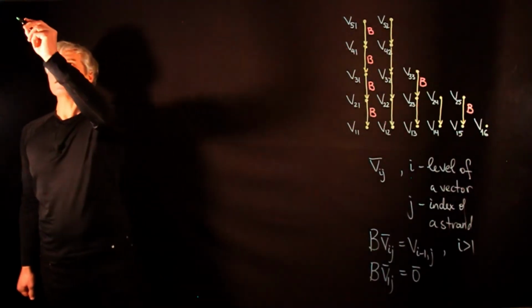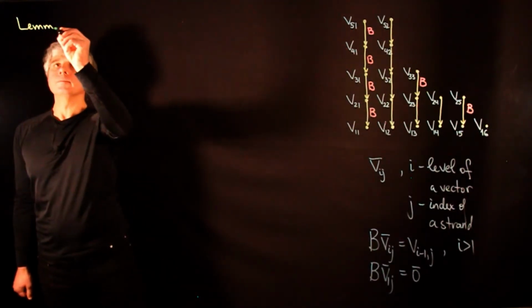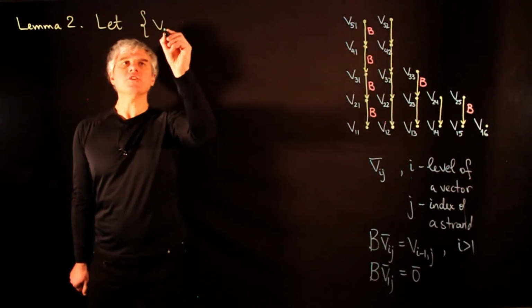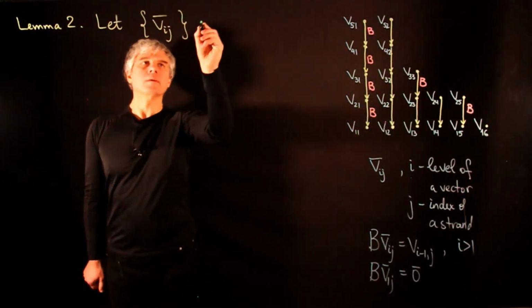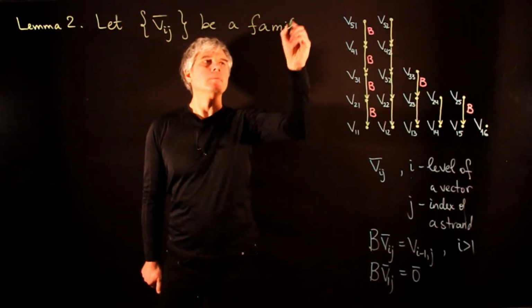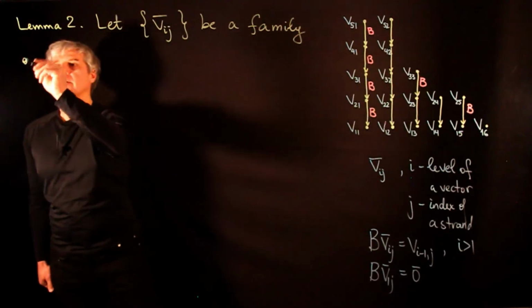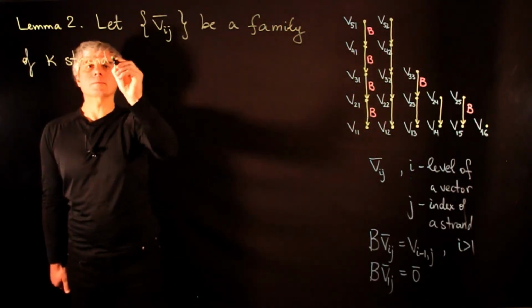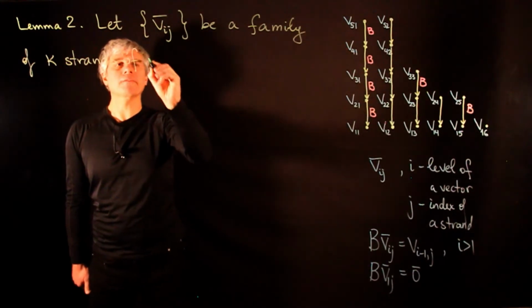Let us now state lemma 2. Let Vij be a family of k strands of various lengths.